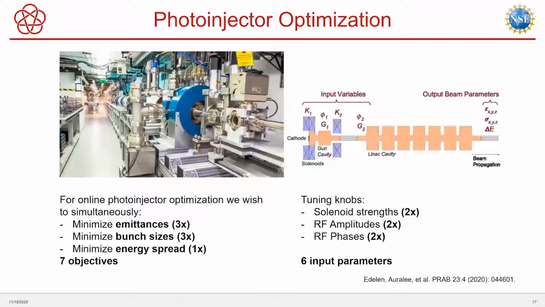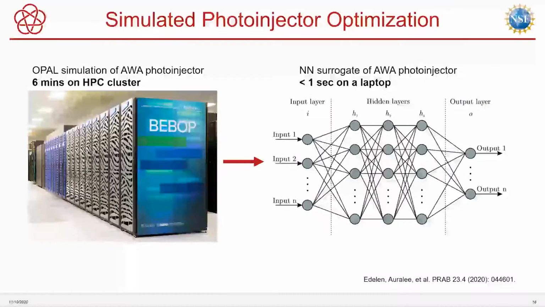So now I will take this multi-objective Bayesian optimization, or MOBO for short, algorithm and apply it to an accelerator physics problem, namely this photoinjector optimization one. There are two ways that I can benchmark this accelerator problem. The first is to directly run PIC simulations, particle tracking simulations, on a large computing cluster such as Bebop at Argonne National Lab.